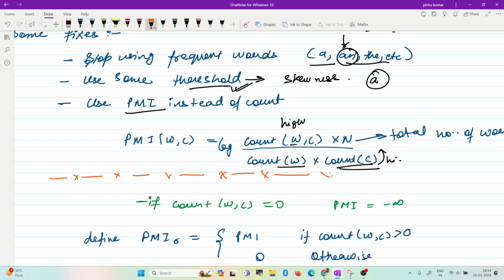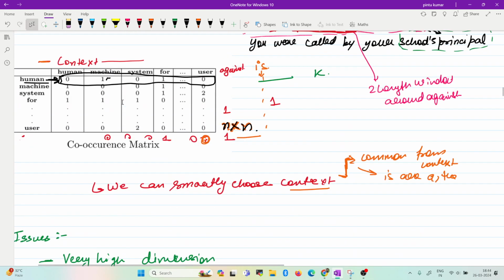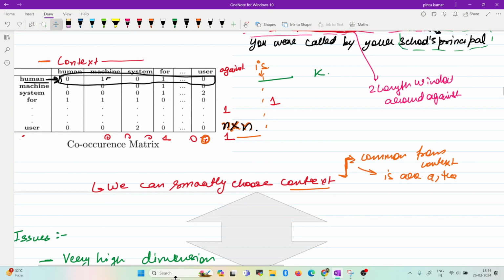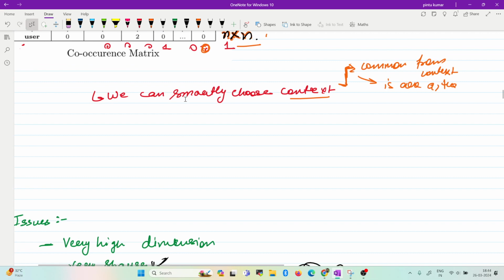Sir, explain the second point, threshold. Okay, so what do I mean by threshold? I'll draw a matrix. This is cat, dog, is, and truck.